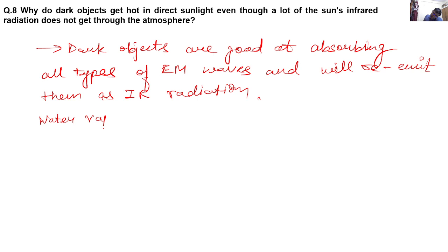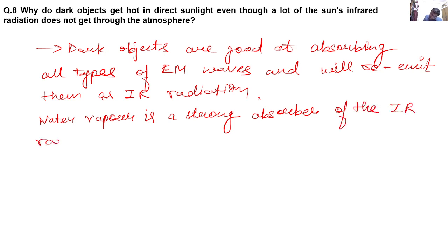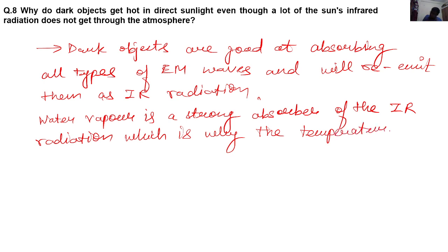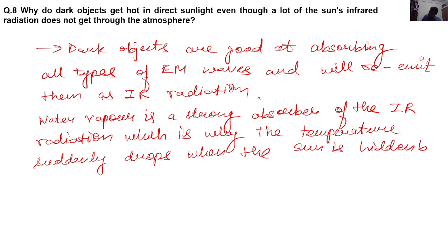Now water vapor is a strong absorber of the infrared radiation, which is why the temperature suddenly drops when the sun is hidden by a cloud. We feel much colder during that time.